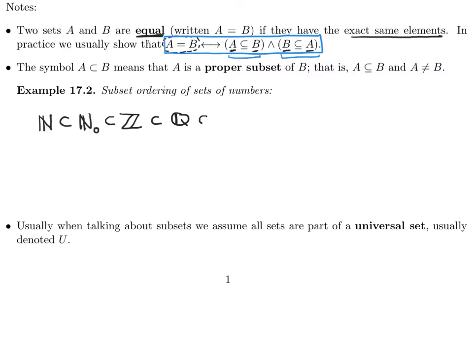That is a proper subset of your real numbers. They're all the numbers that can be written as a decimal. And then finally, we talked about these complex numbers. So they're numbers that have a real part and an imaginary part. The imaginary part is just, we call it i, and it's the square root of -1. If you forget those definitions, it's worth going back to the first video and having a look at those.